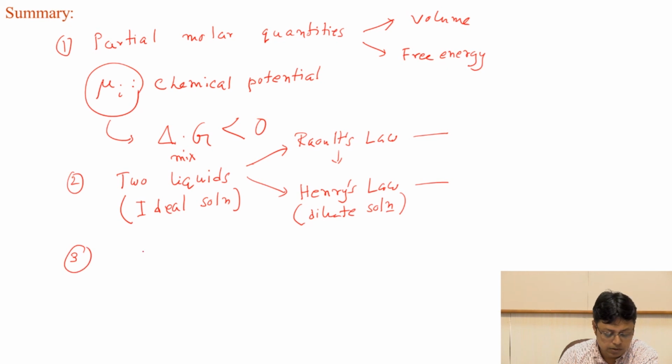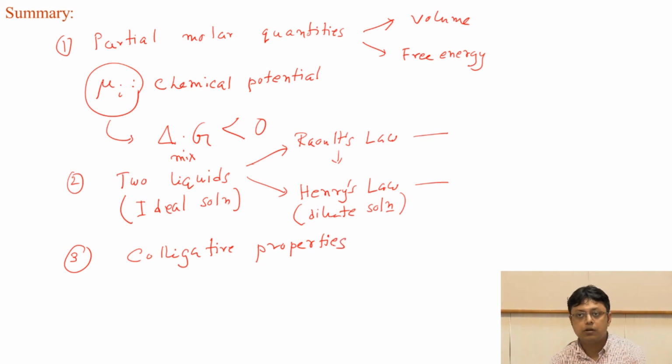And then in the last part, very briefly, we talked about what are known as colligative properties. There we talked about why, if we add a pinch of salt in water, the freezing point is depressed or the boiling point is elevated.